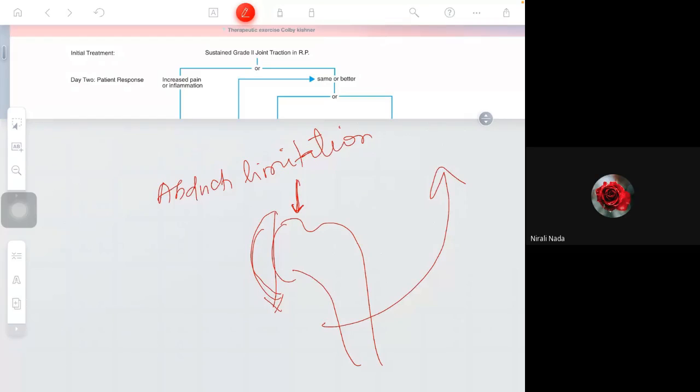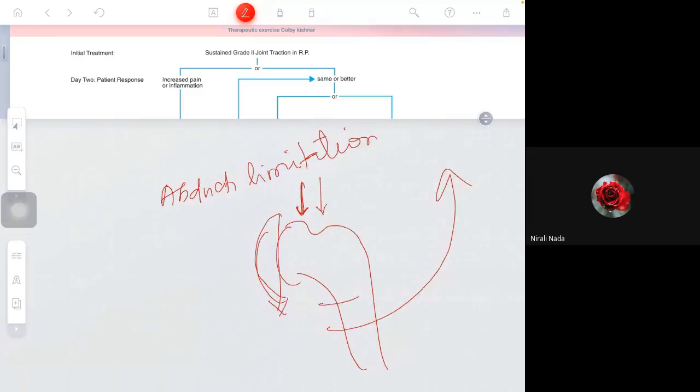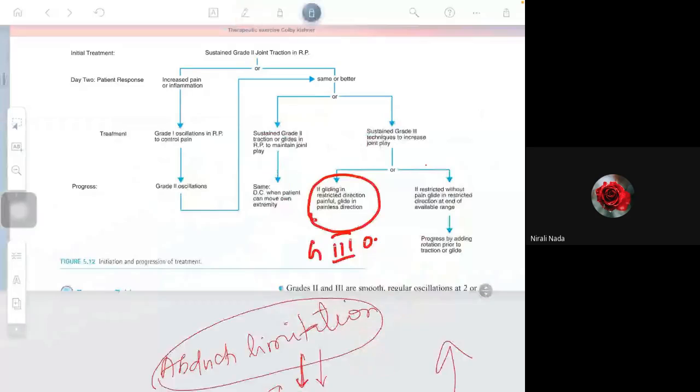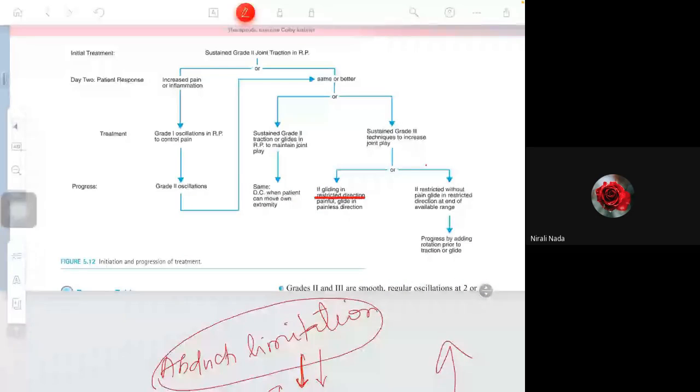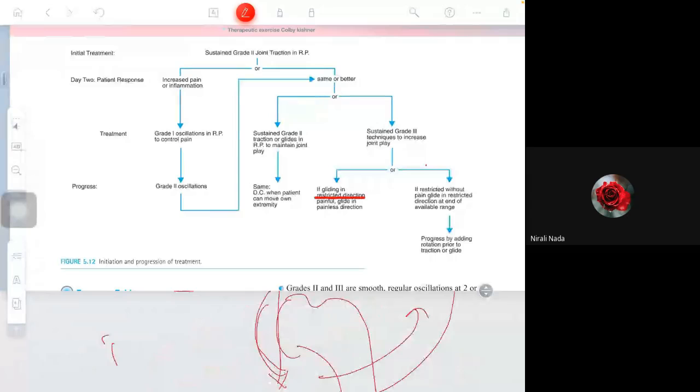If gliding is restricted, then abduction will be limited. So what is the meaning of restricted direction? In this case, inferior.